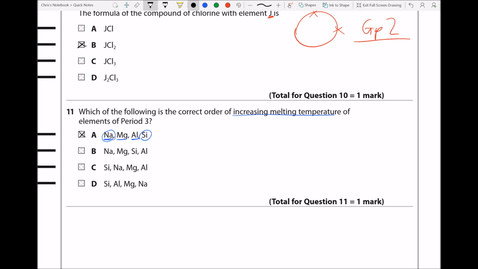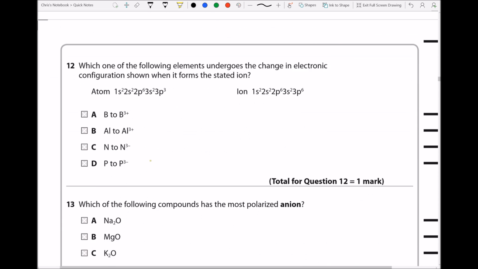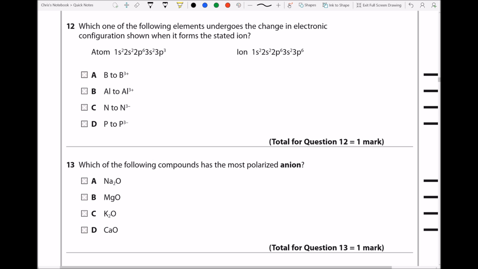Okay. Right. Question 12. It says, which one of the following elements undergoes the change in electronic configuration shown when it forms the stated ion? Okay, so what you need to do is look in the periodic table. Now, if you see on the periodic table, the electron configuration for this, that's 1s2, 2s2, 2p6, 3s2, 3p6, it should point to phosphorus.